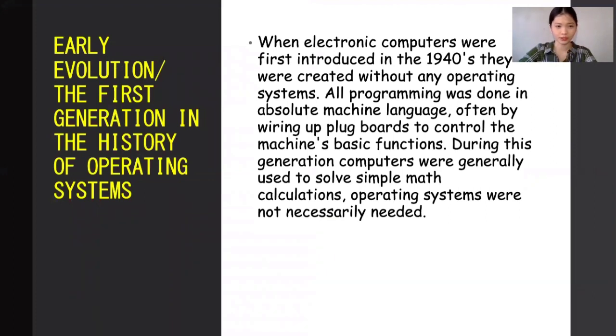So first generation in the history of operating system, when electronic computers were first introduced in the 1940s, they were created without any operating systems. All programming was done in absolute machine language, often by wiring up plug boards to control the machine's basic functions. During this generation, computers were generally used to solve simple math calculations. Operating systems were not necessarily needed.